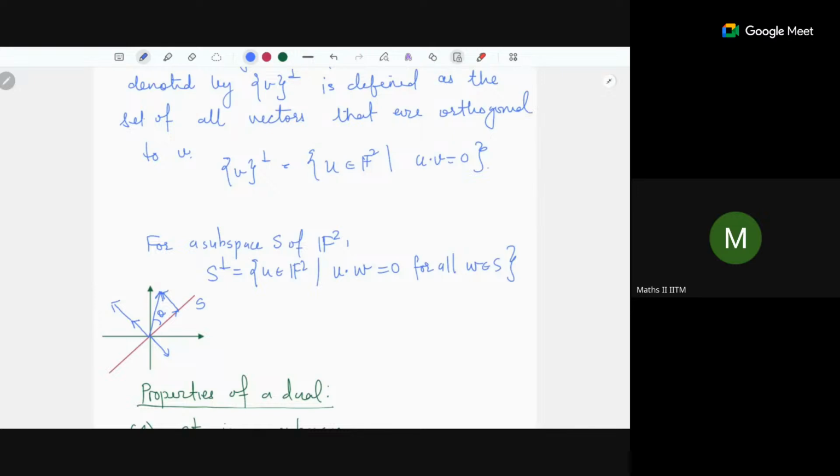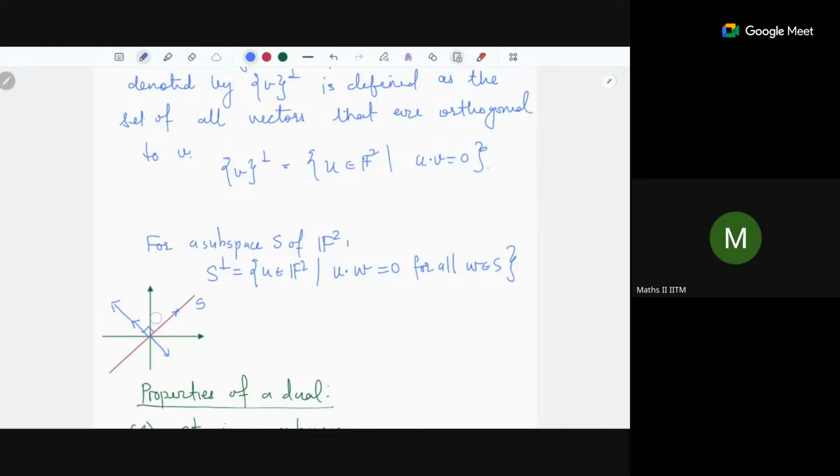The only perpendicular vectors will be the ones which make an angle of 90 degrees and start at the origin. Anything not starting at the origin will not be perpendicular to this subspace.